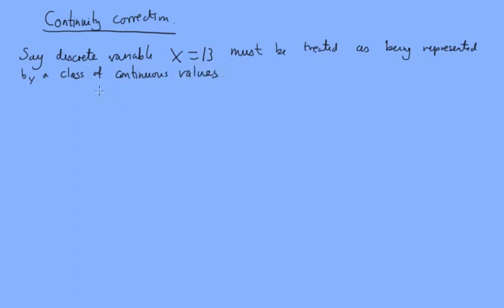So we need to think of x as being between 12.5 and 13.5. If you think about it, this is the discrete variable, but if it was a continuous variable, it could take any value greater than or equal to 12.5 or less than 13.5.